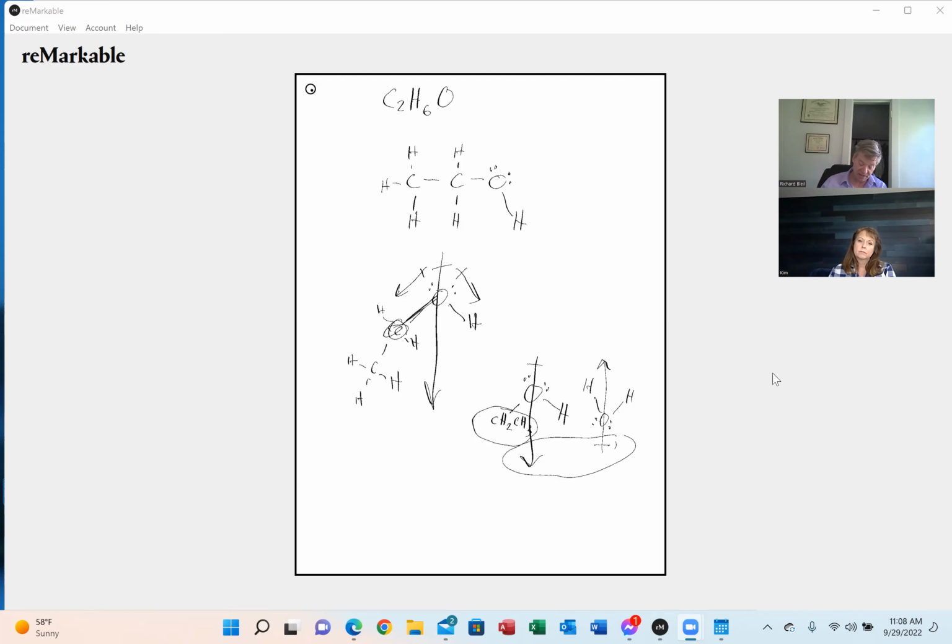And the partial positive side, Lord, I did these backwards. Excuse me while I erase my really silly mistake. This is the partial positive side. This is the partial negative side. This is the partial positive side. This is the partial negative side. My apologies for that error.